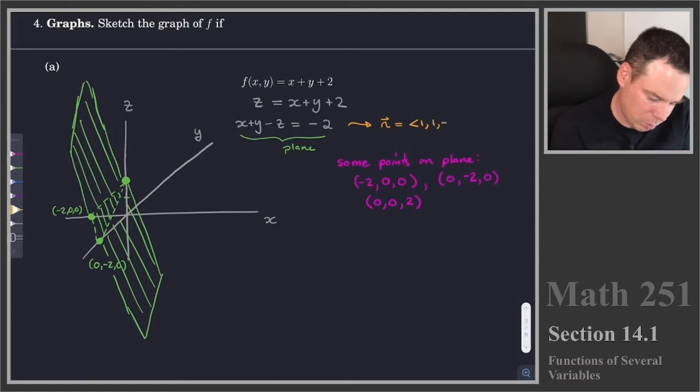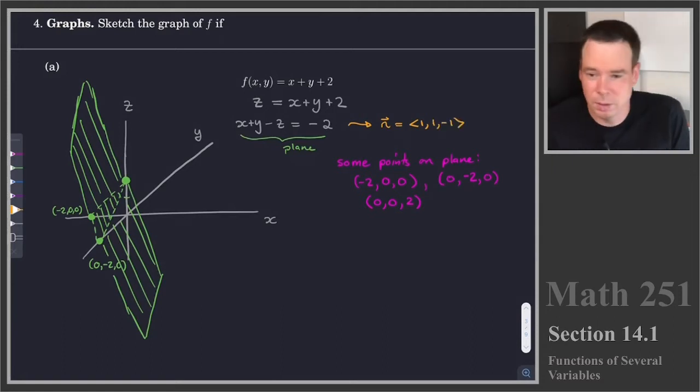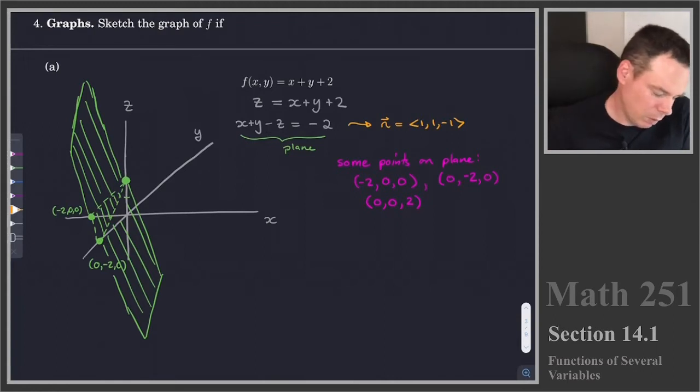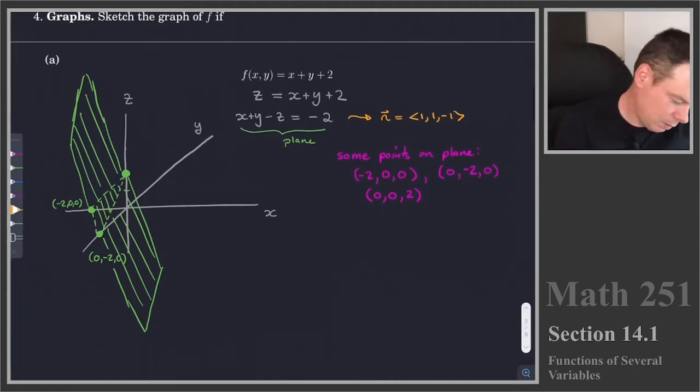And the normal vector in this case, we just read off the coefficients. It's 1, 1, -1. So knowing the normal vector, knowing any of those 3 points we have down below, knowing a point and a normal vector gives us enough information to figure out what the plane looks like. So however we want to do it, the bottom line is that the graph is a plane.